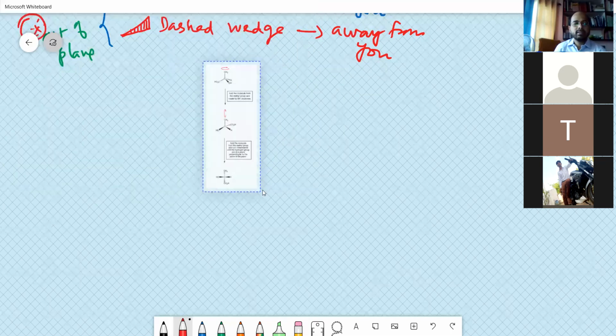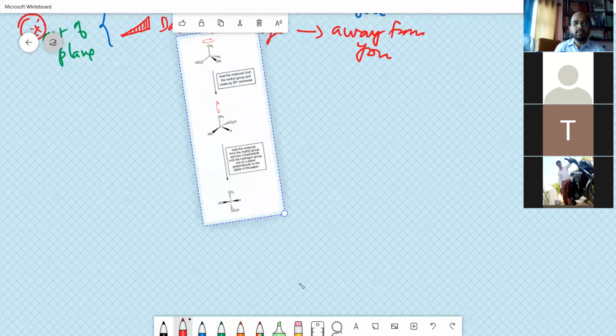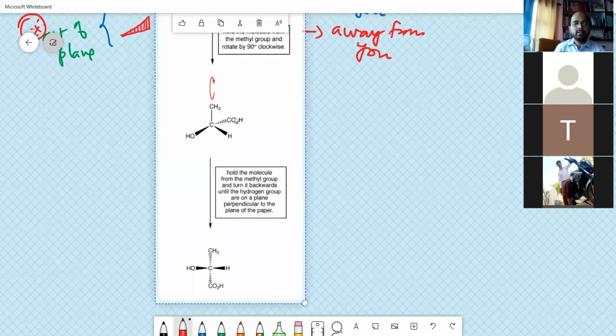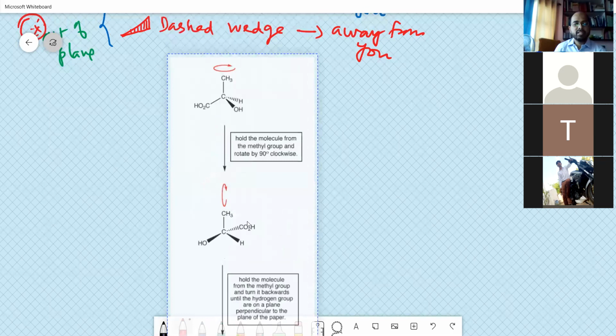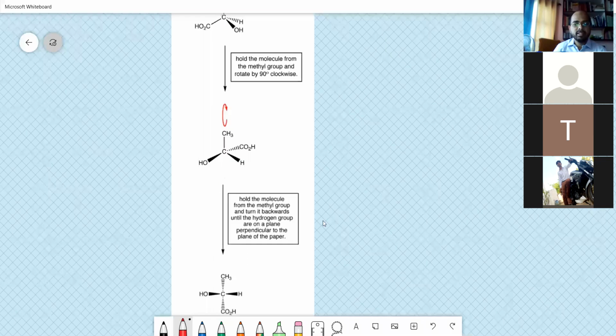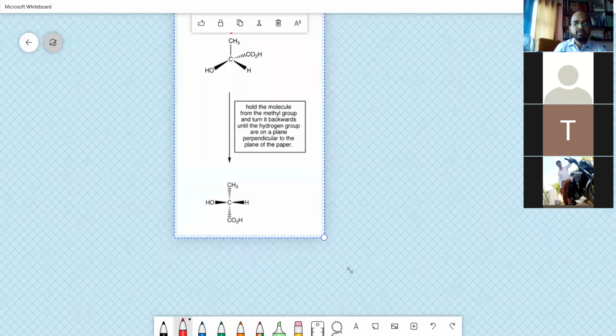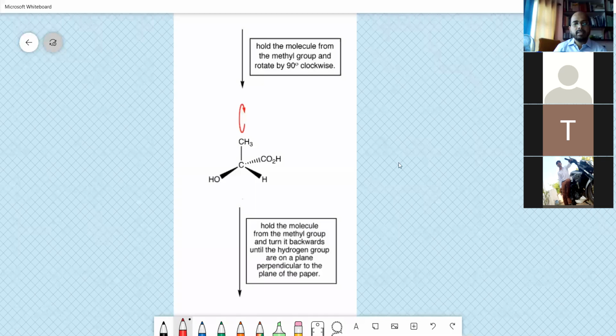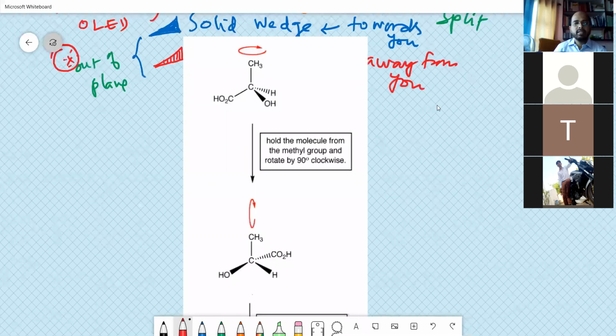So here it is. I'm taking the same structure again, which we have put by means of a wedged formula here.